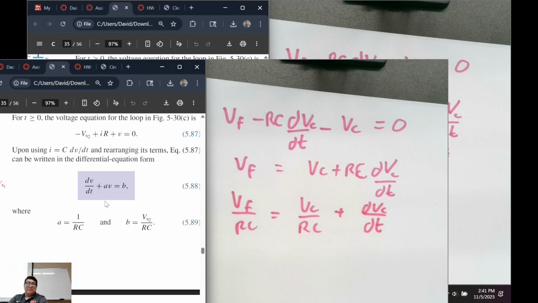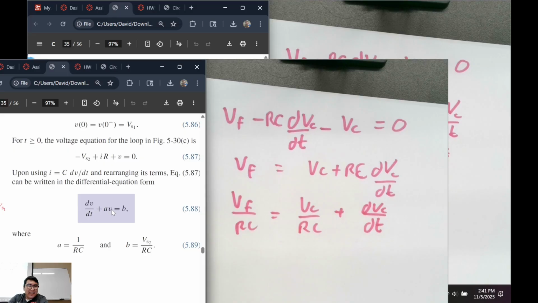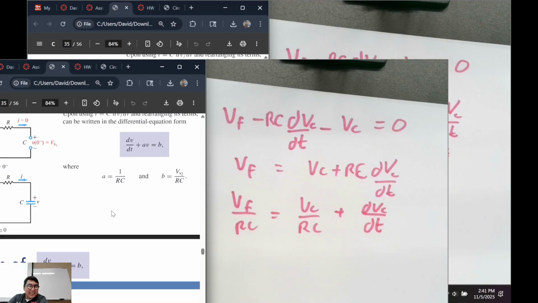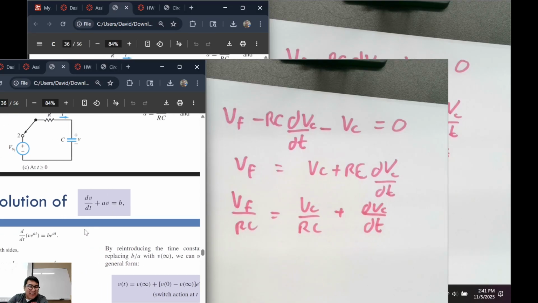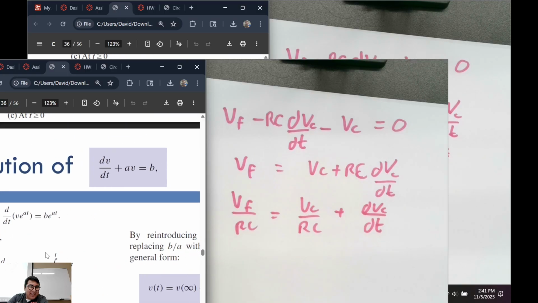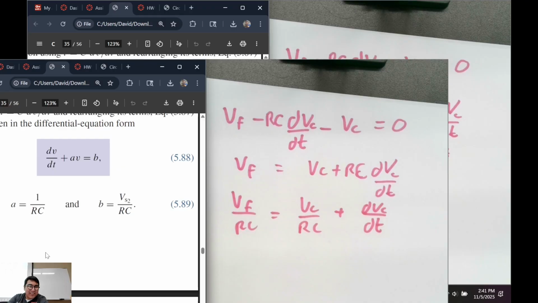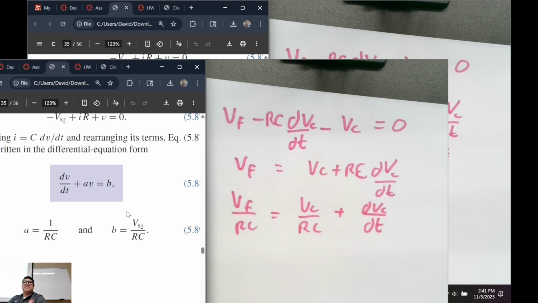Is that good? And then this is our voltage in the capacitor, right? What is V? That's your initial voltage, right? I'm trying to solve this for you guys, but I'm not liking this. But you see what I'm trying to show you guys?